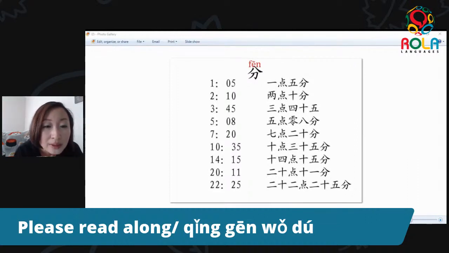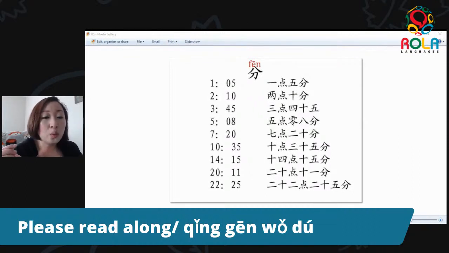5点08分, 5点08分. Okay, some of you might ask why do you have to read out the 0? So if, let's say, the minute part is less than 10, you can go either way.